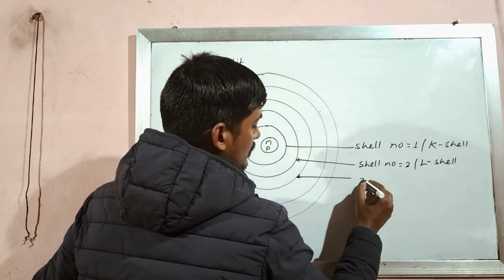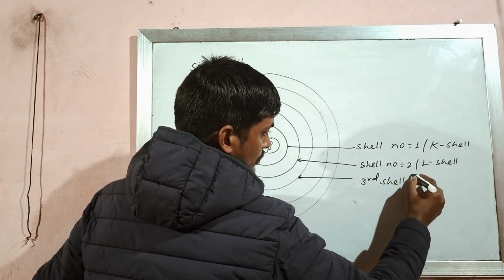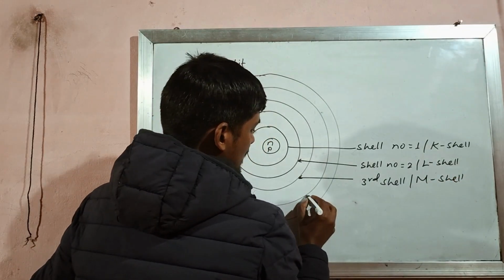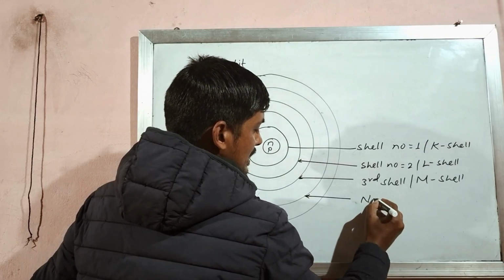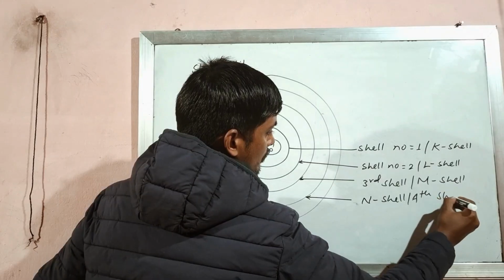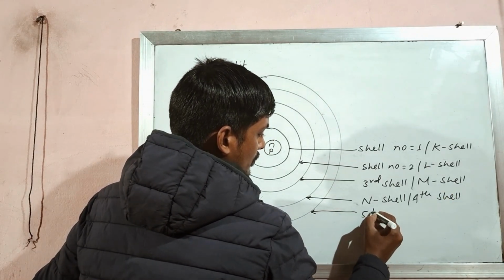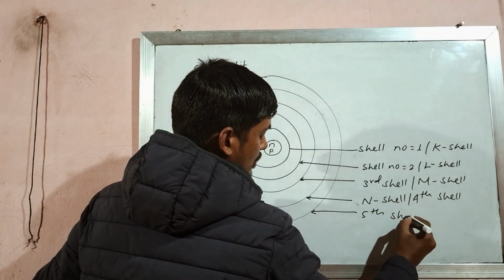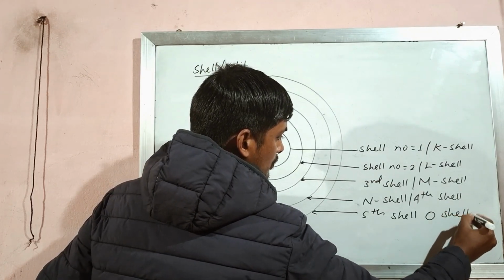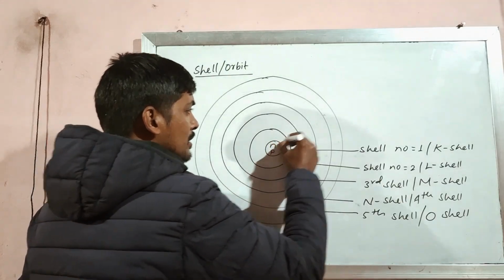Third cell, known as M cell. Fourth cell is known as N cell or fourth cell. Fifth cell is known as O cell, and so on. And this is the nucleus.